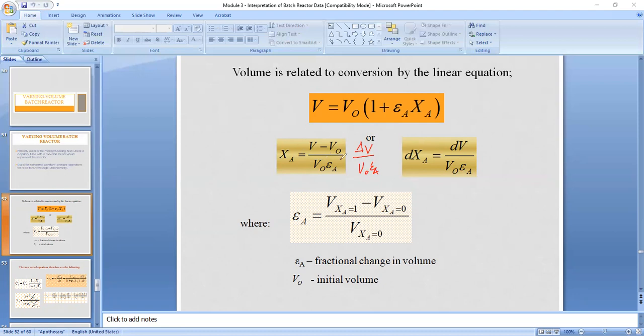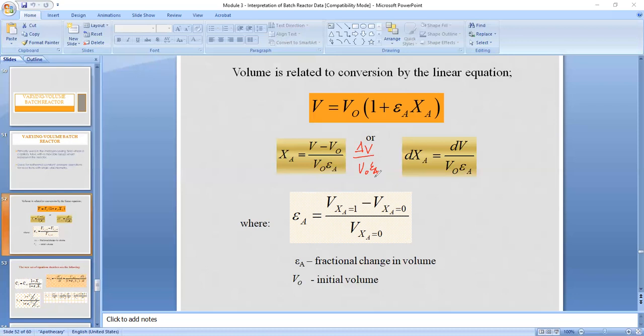Because this one could be the fractional change in the volume. And there are problems, class, that give the change in the volume with respect to the initial volume, so this entire expression here can be represented by just one thing.